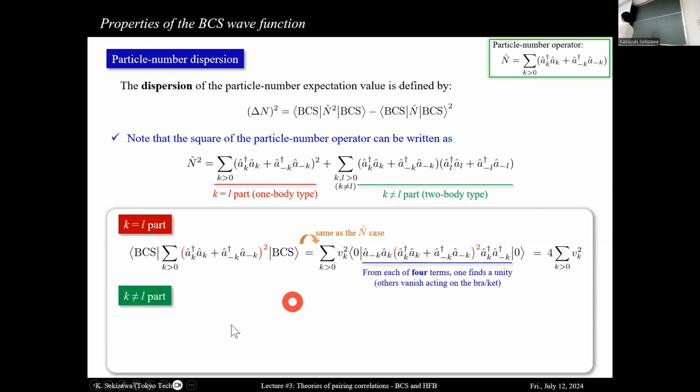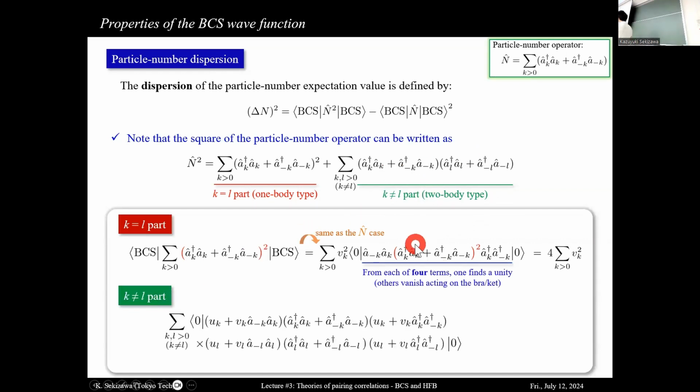Now, in the case of this two-body part, it is slightly different, but what we should do is the same. The terms which do not contain those two indices, k and l, can be gathered in some place, and they become just unity, 1, because of the normalization condition.